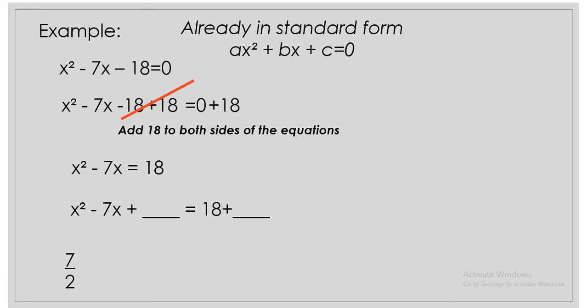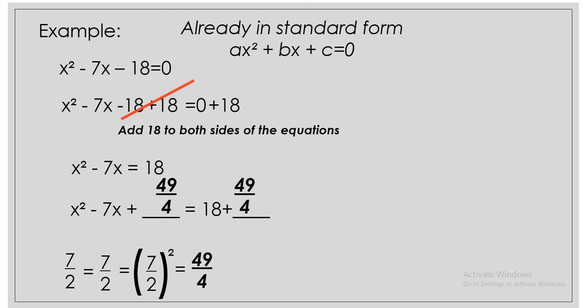If you divide this number, you will have a decimal point, so we will stick to fraction form, which is 7 over 2, and we will square it, and we will have 49 over 4. How? 7 squared, or 7 times 7, is 49, and 2 squared is 2 times 2, and that is 4. So the number is 49 over 4 on both sides.